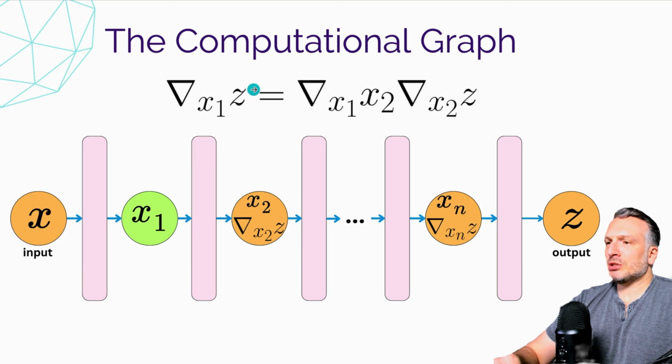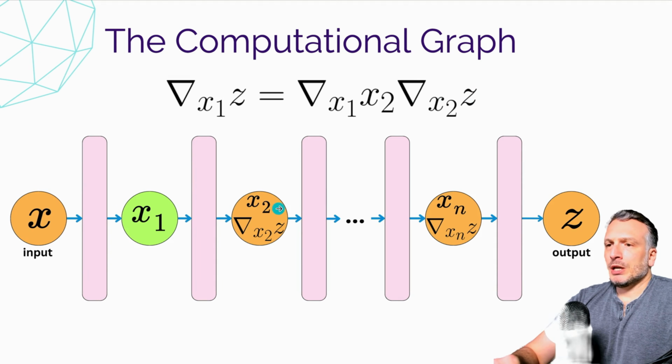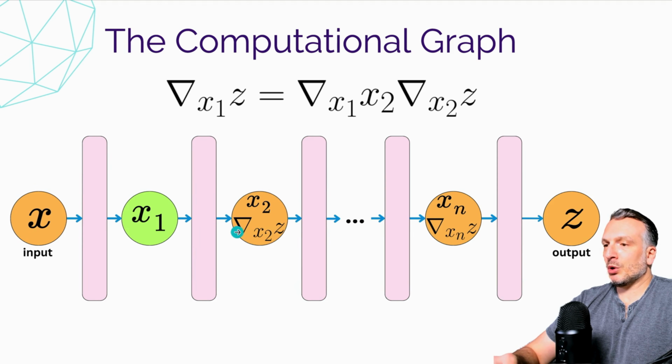Again, I'm going to apply the chain rule. So the gradient of z with respect to x1 is equal to the gradient of x2 with respect to x1 times the gradient of z with respect to x2. The gradient of z with respect to x2 is already computed, so I don't need to compute it anymore. I can just pull it from the previous node.